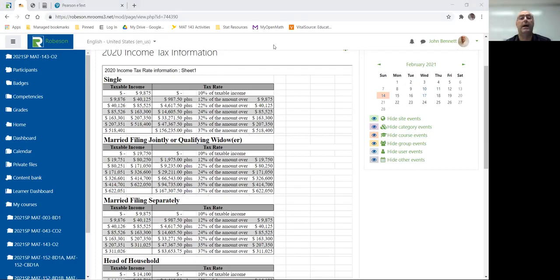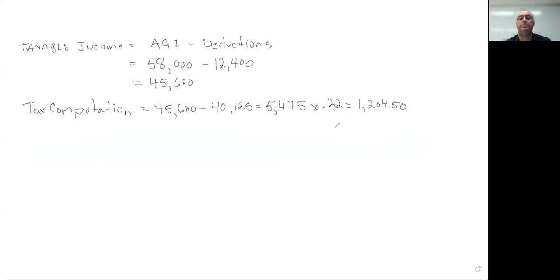So going back to our calculations again, we just need to add $4,617.50. And that gives us her total tax computation as $5,822.